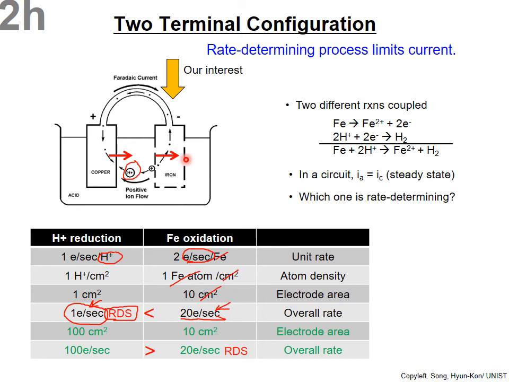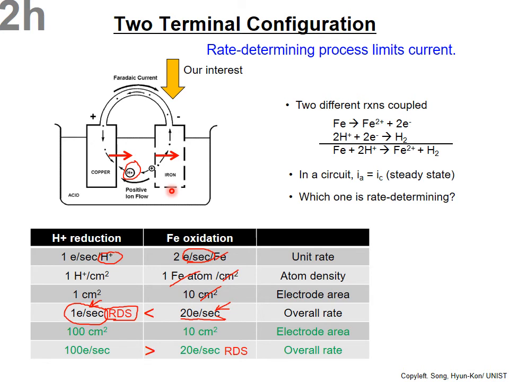How can we solve this problem? How can we estimate the kinetics of iron oxidation? How can you make the iron oxidation the rate determining step?